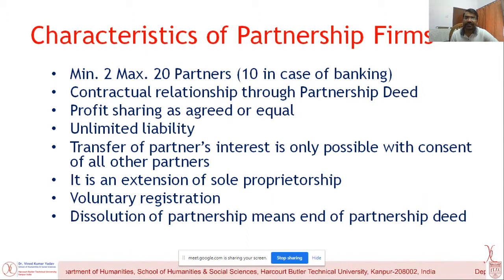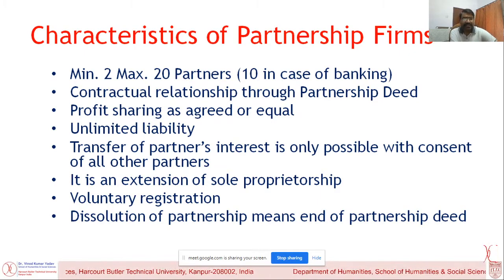This is the main crux of a partnership firm. It is not that the partner is working on behalf of himself or herself. No. Whatever number of partners are active, they are working for all. So if something goes wrong, all will be responsible. So liability is still unlimited, like sole proprietorship.